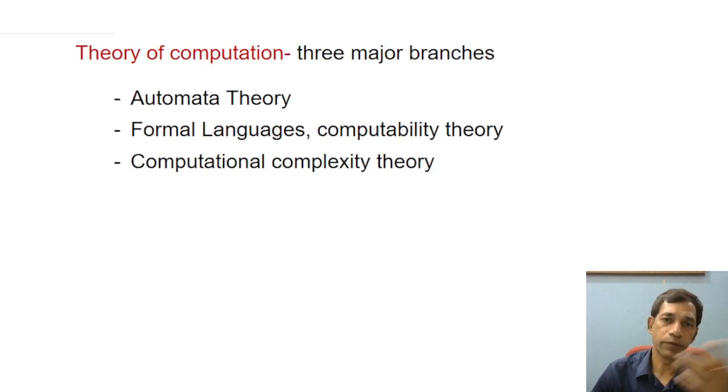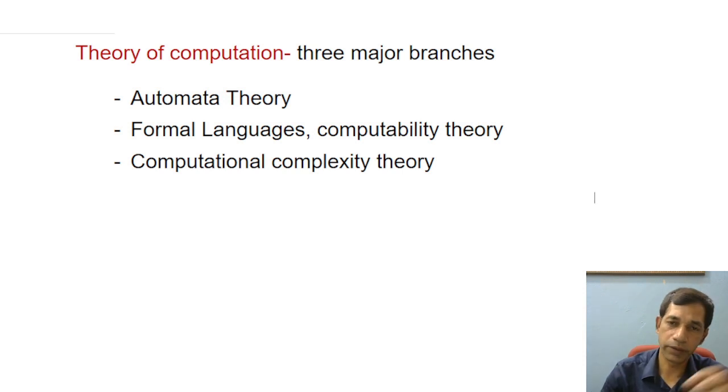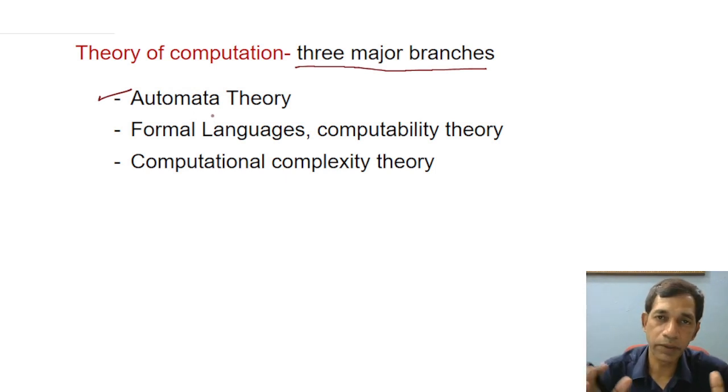In the field of theory of computation, there are three major branches. One is automata theory. Automata theory is the study of abstract machines and automata, and the computational problems you can solve using them. In this course you are going to learn a number of abstract machines. We will start from the basic abstract machine, which we call the model of computation: the finite automata.